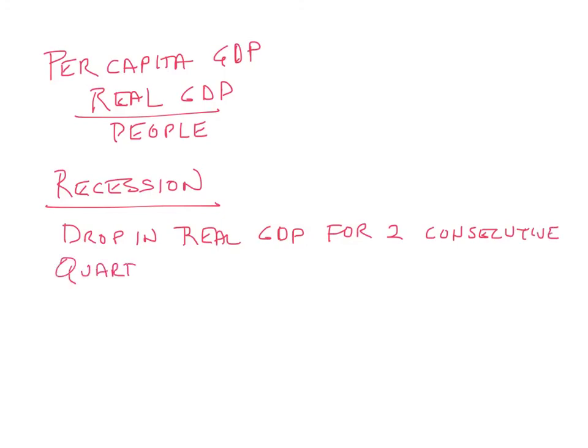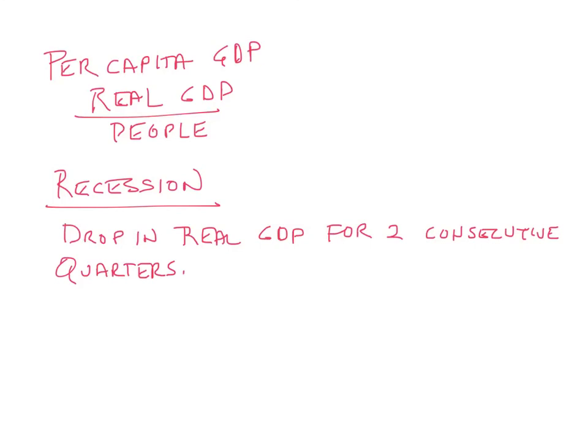And it doesn't have to be much. Just a little tiny drop is enough. The current definition of a recession has changed. The National Bureau of Economic Research has a committee called the Business Cycle Dating Committee that decides when a recession has begun and when it's ended.